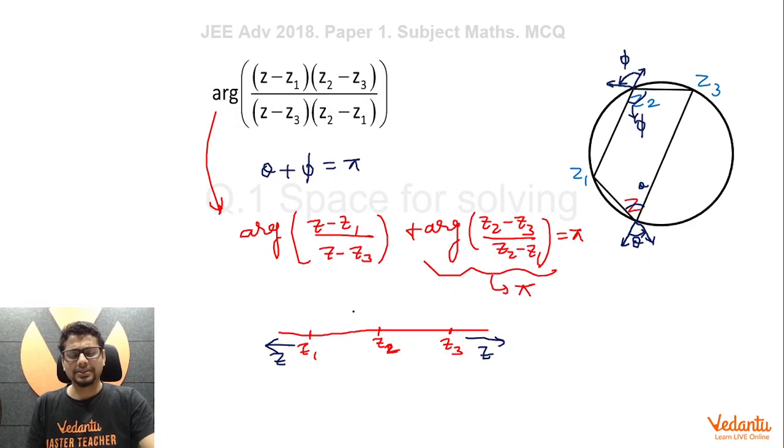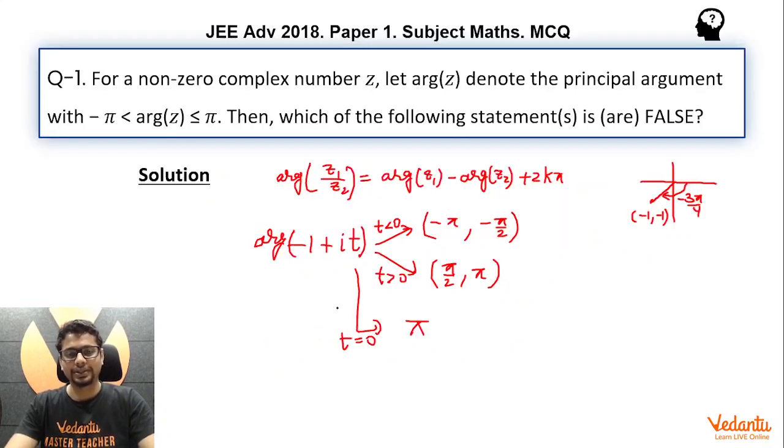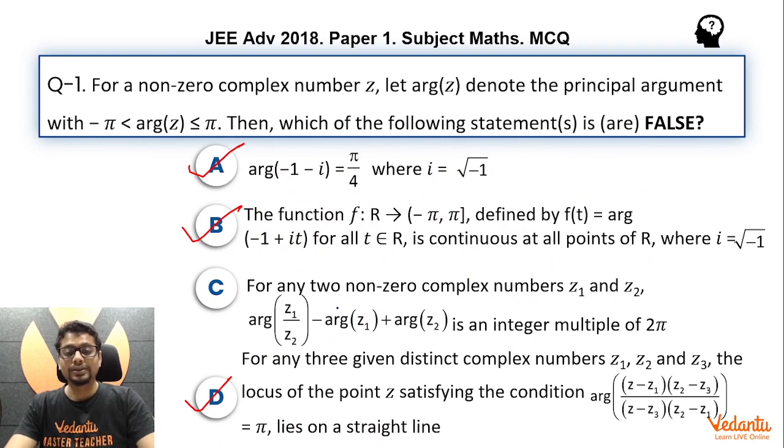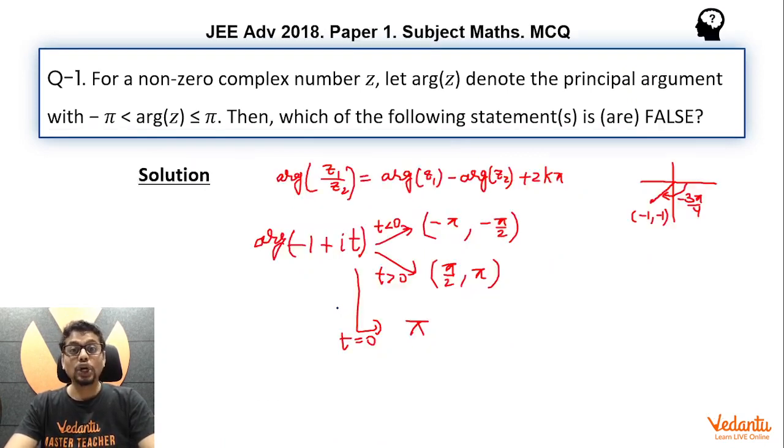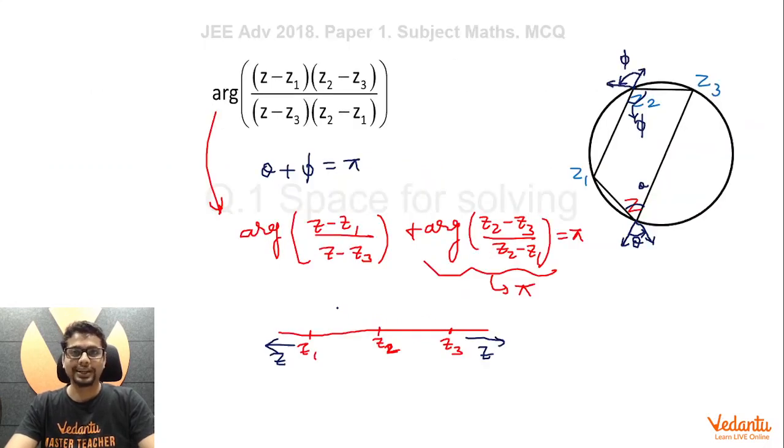So this is just a further explanation to this option D, that locus of point Z can be part of a straight line but not necessarily. It depends whether Z1, Z2, Z3 are collinear as in this case or not as in this case.